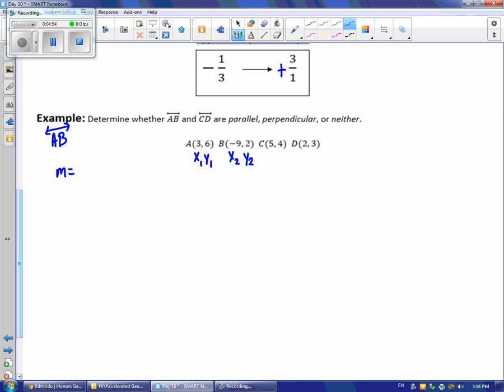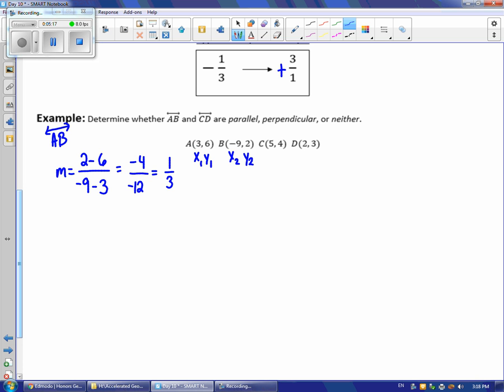If I do y2 minus y1, I get 2 minus 6. And then my x's, I have negative 9 minus 3. That's going to give me negative 4 over negative 12. The two negatives cancel out, and when I reduce my fraction, I get a positive 1 over 3.